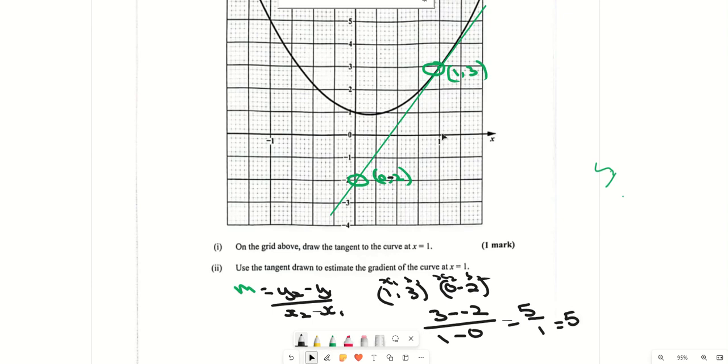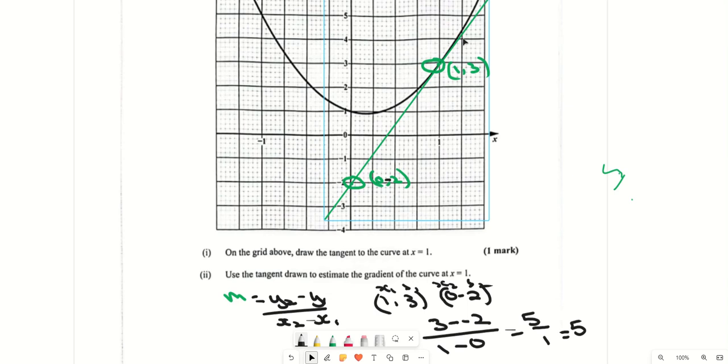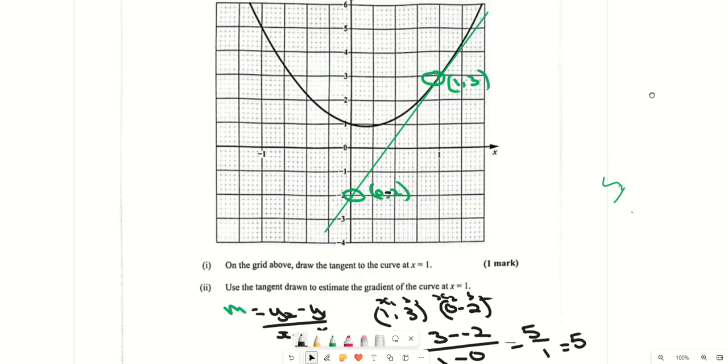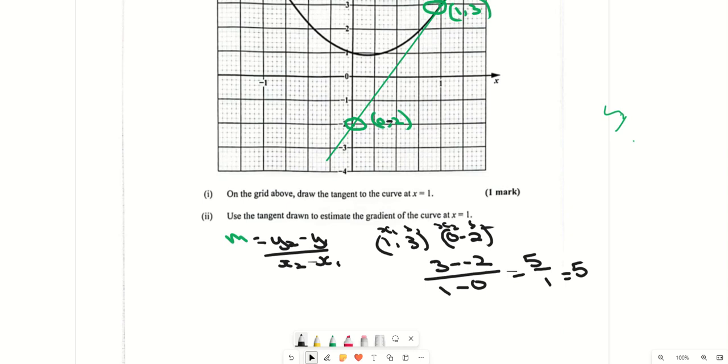That is a better answer than what we had here, and the line was not exactly touching, so I had to do it over. Alright, let's go to the next question.